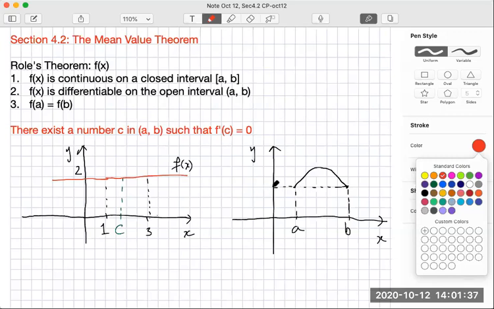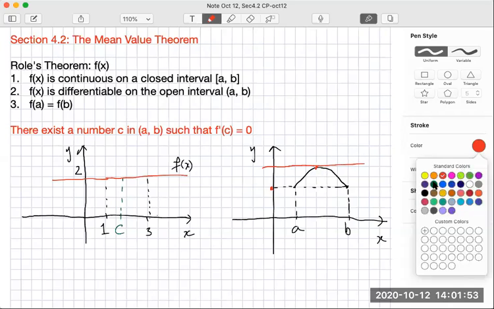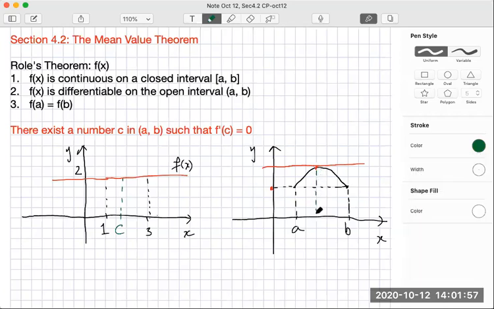Yes, they're the same value right here. So therefore, we can apply Rolle's theorem. It means that there exists a number c somewhere between a and b, and the slope at c should be 0. In this case, the point c is this point. Okay?